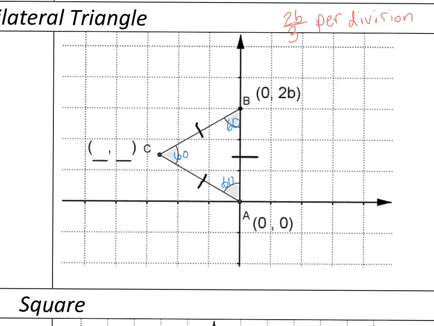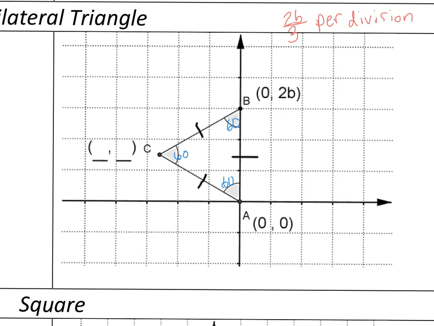So we could think about that as this point right here on the y-axis would be 2/3 b, and then we would add another 2/3, which would give us 4/3 b, and then we would add another 2/3, which would give us 6/3 b. 6/3 b could be simplified: 6 divided by 3 is 2, or 2b.